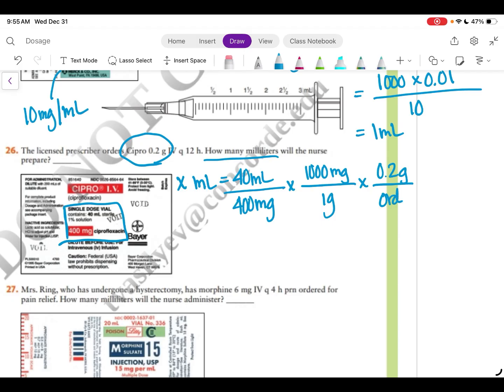And then finish off with my order. So I'm just going to write it down here. We have 40 times 1,000 times 0.2, and all of that will get divided by 400. Let's see what we get. All right, I got 20 milliliters out of that. Okay.